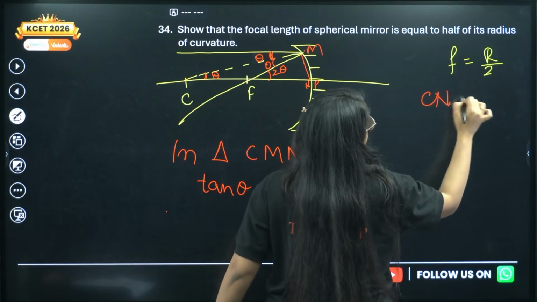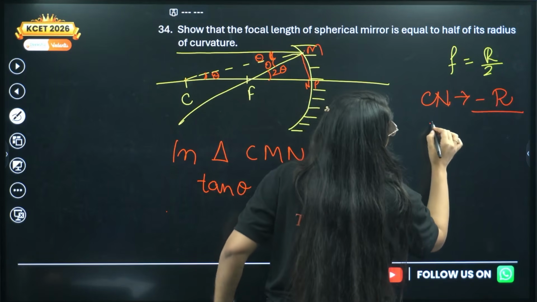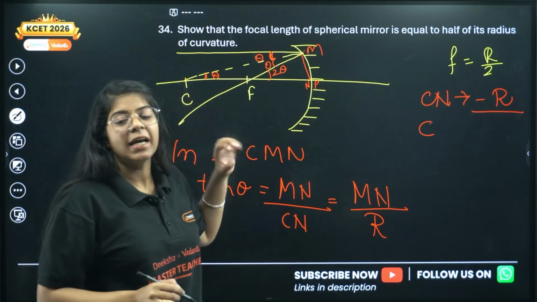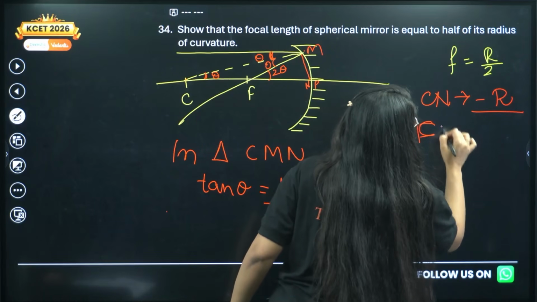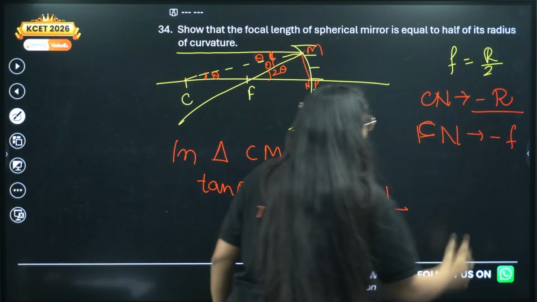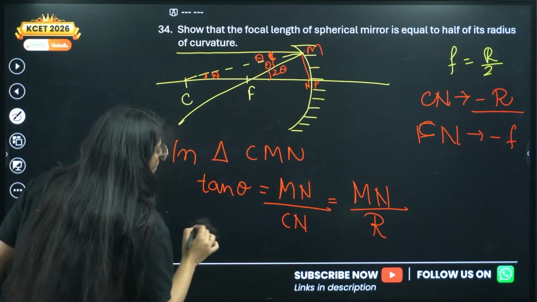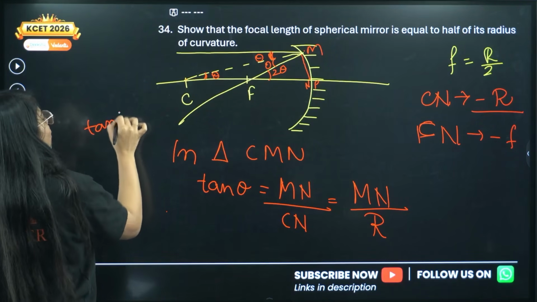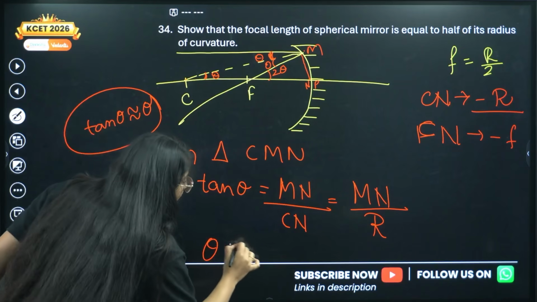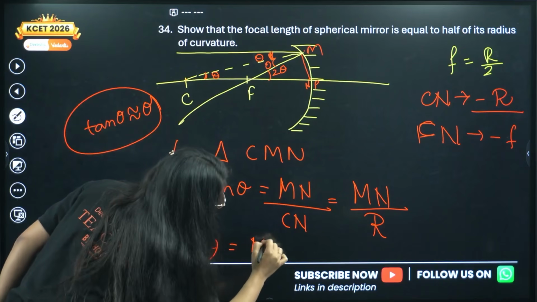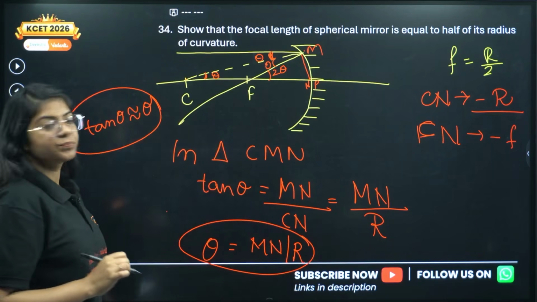Here let me write CN is minus R. Negative is just for the reference, because on the left hand side all the distances are taken as negative, and FN is focal length. Since this theta is very small, tan theta will be equal to theta. So we can write theta equals MN divided by R. Correct? Up till here. Okay.